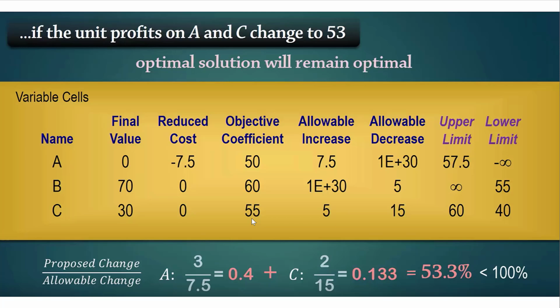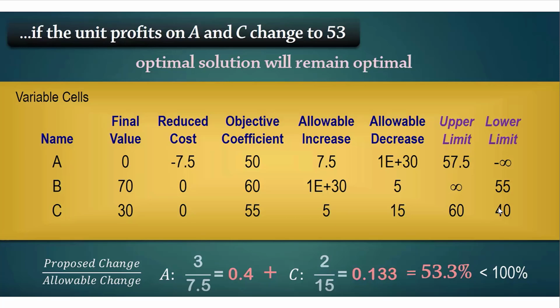From 55 to 53 is a change of 2. 2 divided by 15. What is 15? 15 is the allowable decrease. So it equals 0.133. So 0.4 plus 0.133 equals 53.3%.